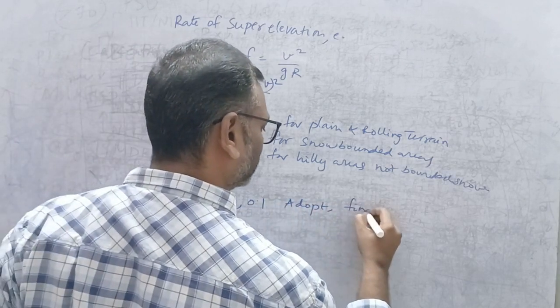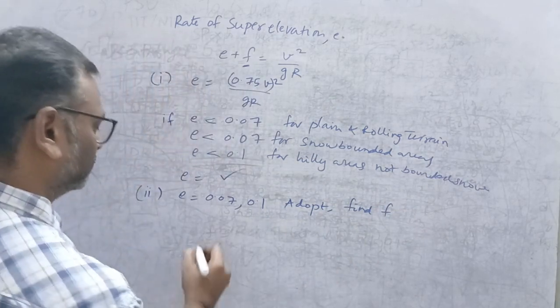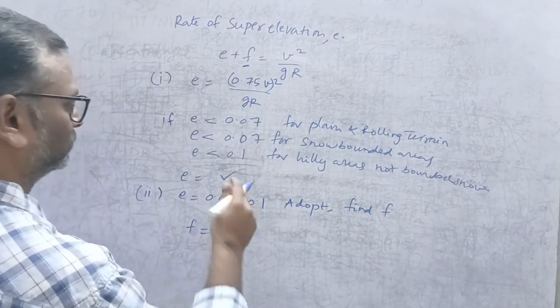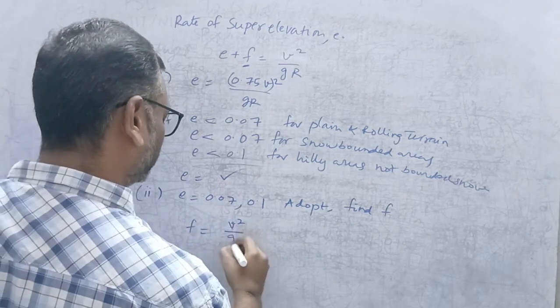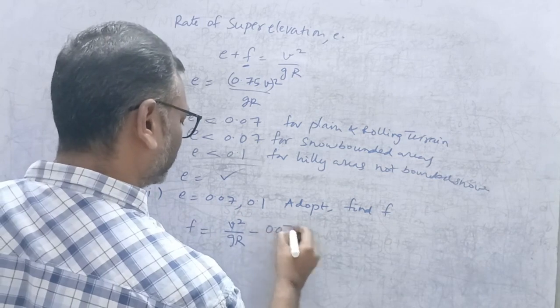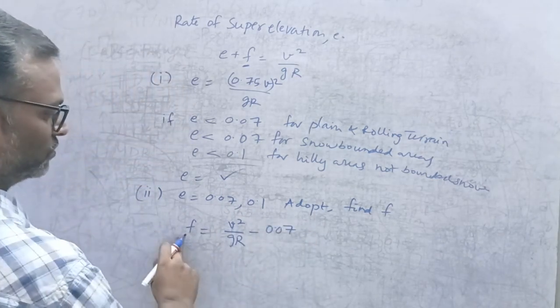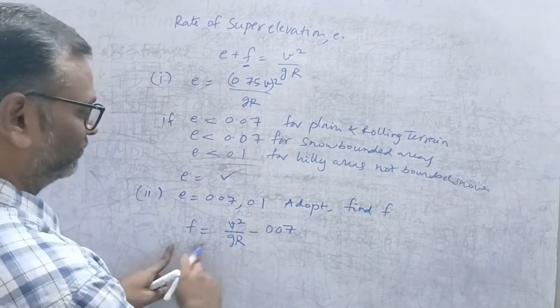And find the coefficient of lateral friction. So f is equal to, say I am adopting 0.07, V square by gR minus 0.07. So we will get some value of f.